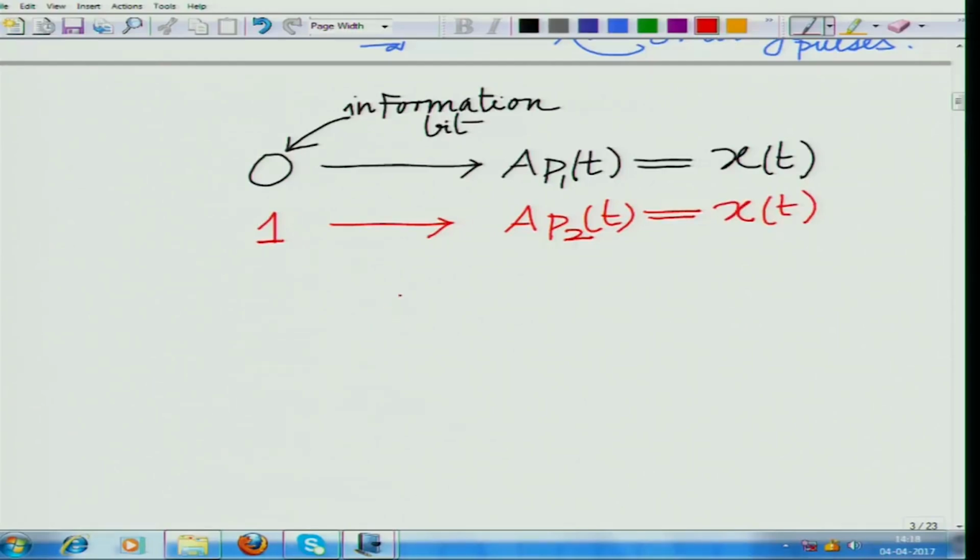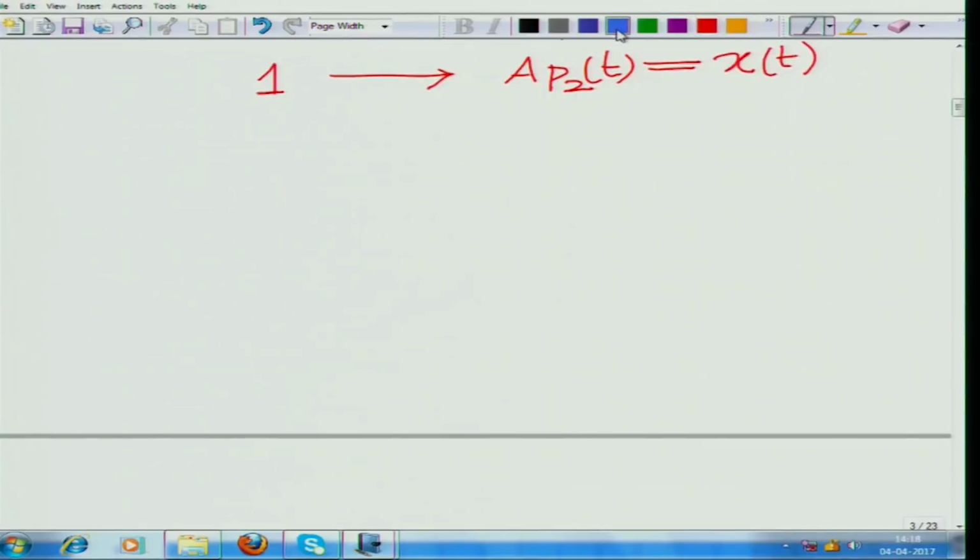In other words, if I have to write it clearly, I have x(t) corresponding to information symbol 0 and corresponding to information symbol 1.